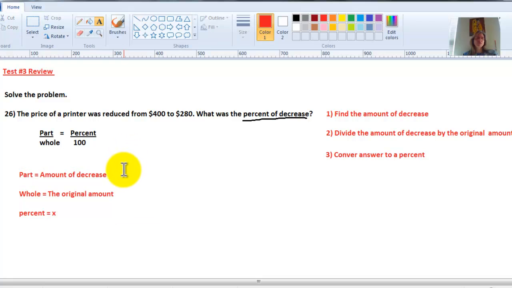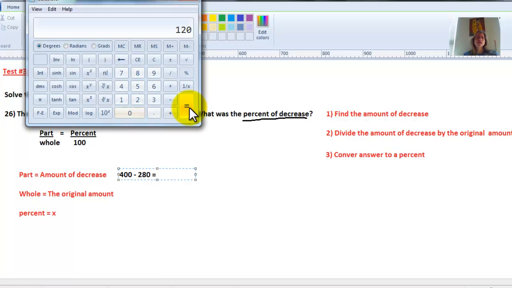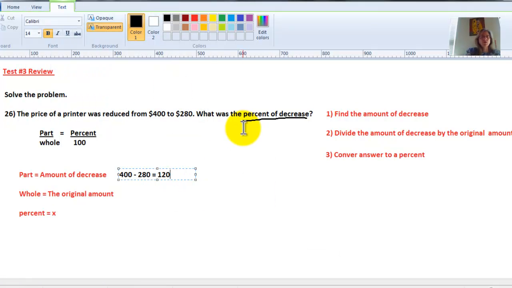So let's plug in these numbers. If the amount of decrease is 400 minus 280, so that's 120. And the original amount simply equals 400.